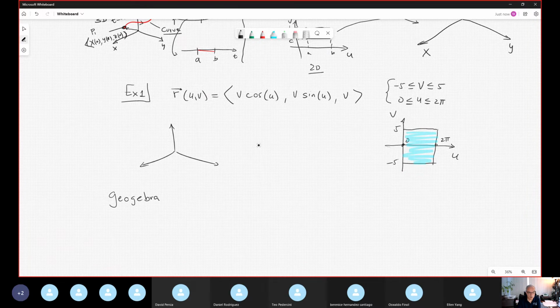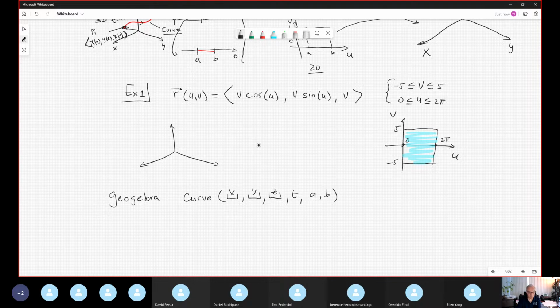You have the function Curve, and the syntax of the function Curve in 3 dimensions is: you have the function x, the function y, the function z, you have the parameter t, you declare the name of the parameter, and you declare the domain, from A to B.